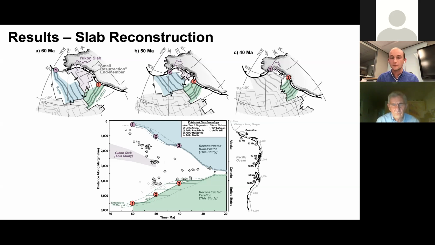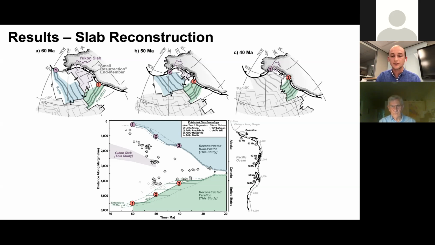So this gives us some indication that perhaps the mechanism that controls the preservation of subducted slabs in the mantle also controls the generation of these near trench intrusions.